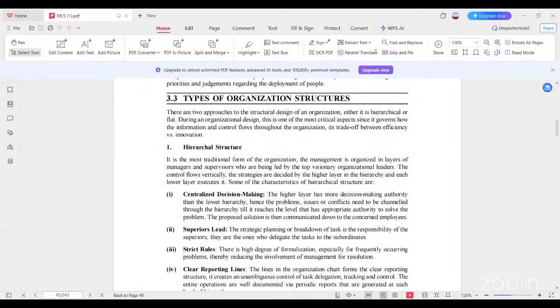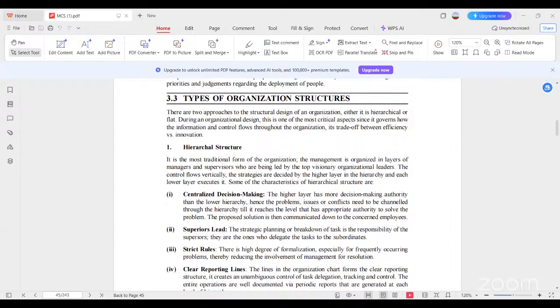Okay. Next is your superior lead. Here the superiors plan, they organize, and they try to delegate their work. At the same time, subordinates are expected to follow instructions, right?